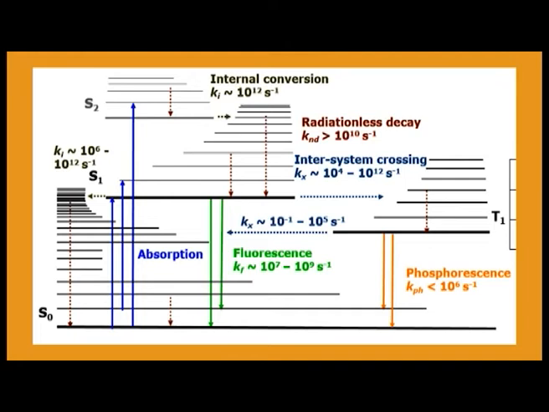But during this process our molecule may get excited to an upper vibrational level, and vibrational relaxation in the S2 level is also needed. Generally the time taken in this process is 10 to the power minus 12 second. This time is also very small.